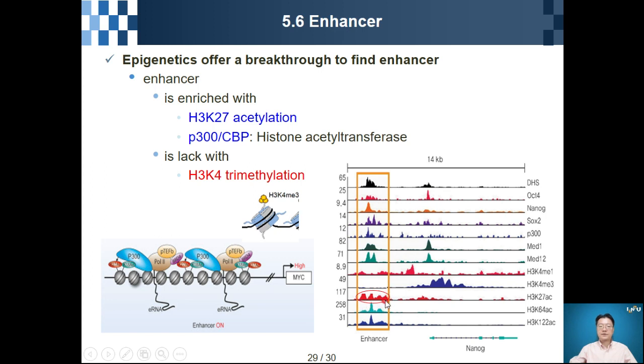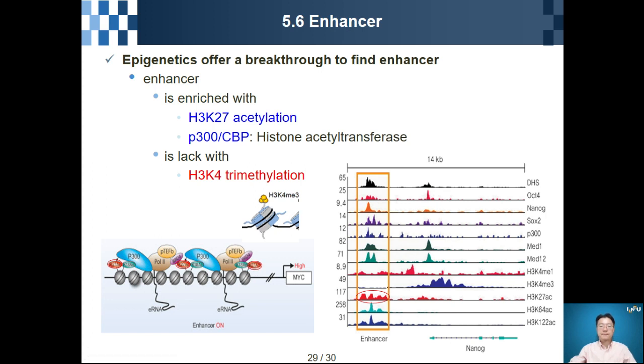Let me see here. This is the MYC gene. This is the promoter region, and there is also an enhancer region. The enhancer region is highly enriched with H3K27 acetylation, and there is another H3K27 acetylation peak here as well.